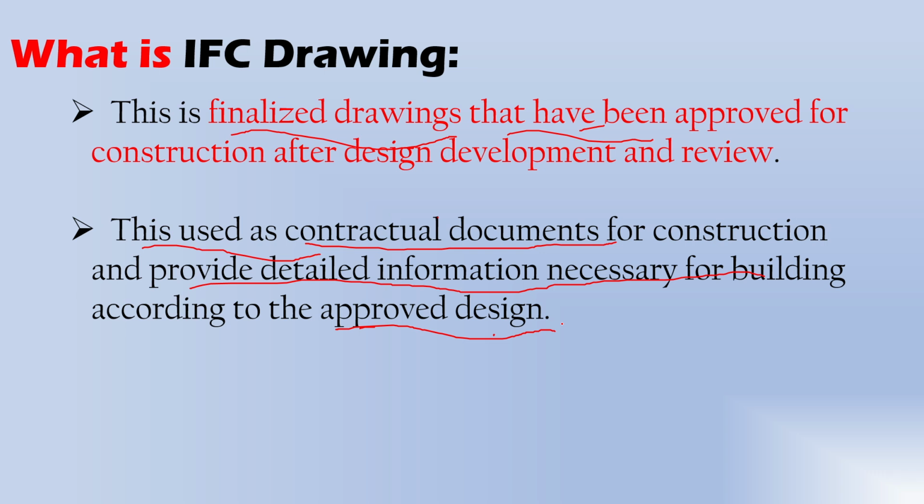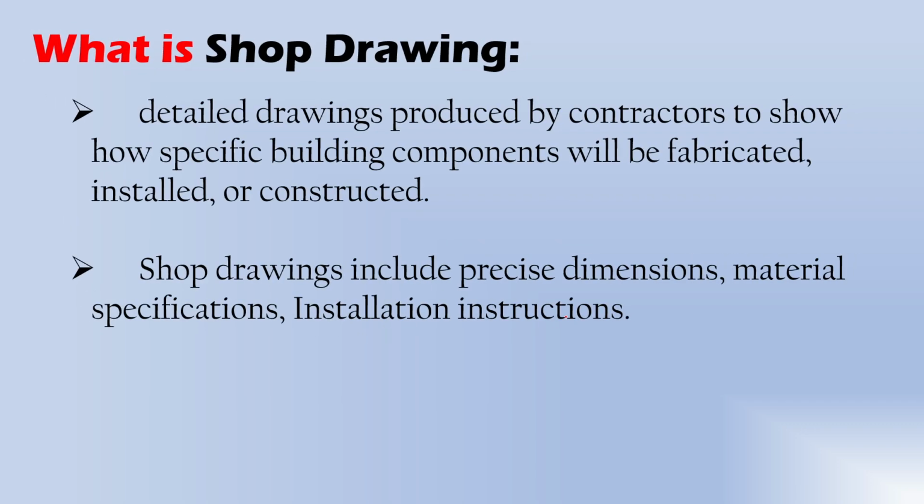With the approved design, they will include all the necessary information and they will get approval from the client, and they will issue it to the contractor. That is called IFC drawing. And after this drawing, the construction activity will start. So, fourth one, shop drawing.